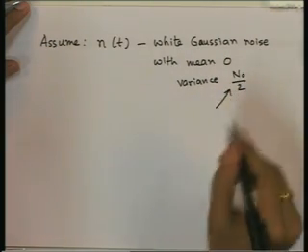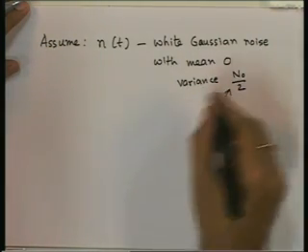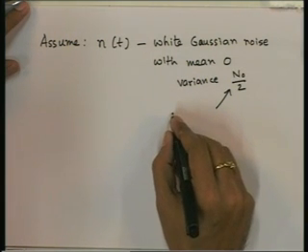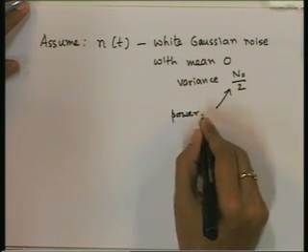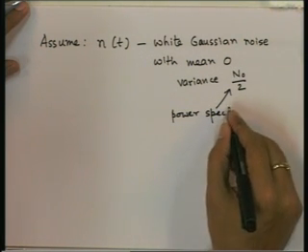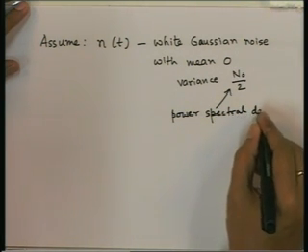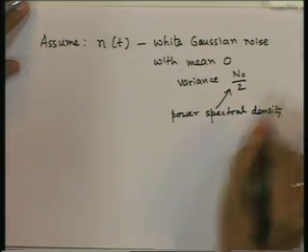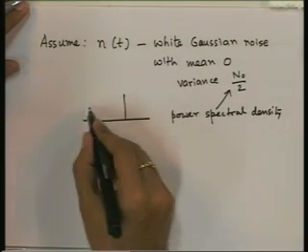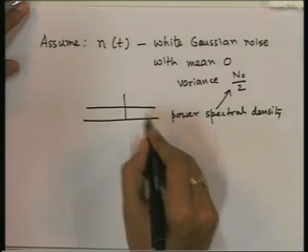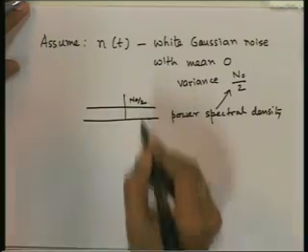Why is it written in this form? Because it is the variance of the noise with power spectral density N naught by 2. If you draw the power spectral density of the noise, it will look like this with N naught by 2.